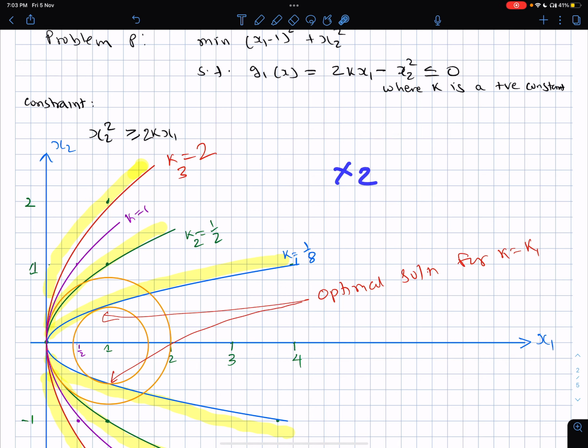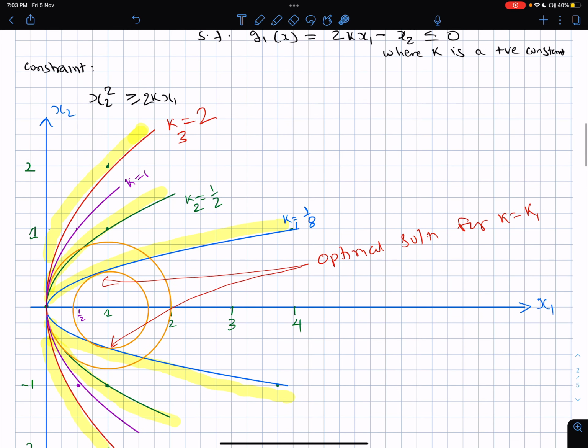So first of all, I should plot x2 square equal to x1, which is the same as plotting x2 equal to under root of x1, which basically indicates that x1 should always be a non-negative number. Therefore, I will start from origin 0, 0 and increase x1 only in this particular direction.